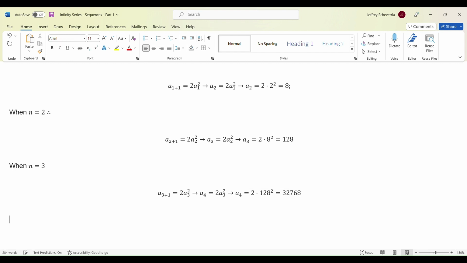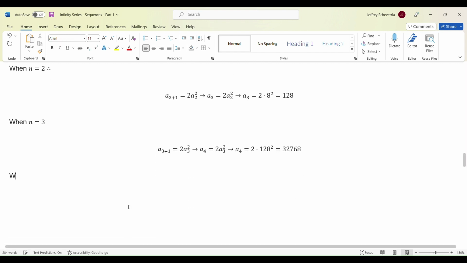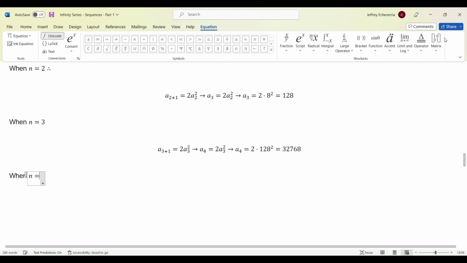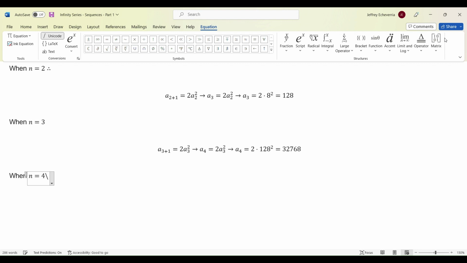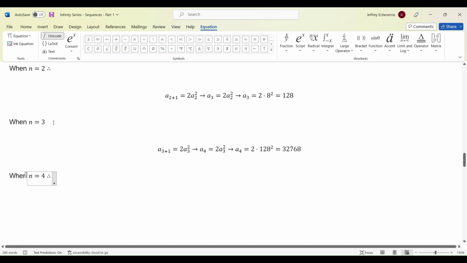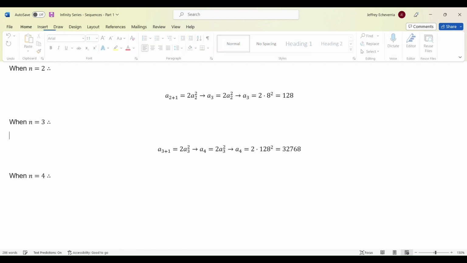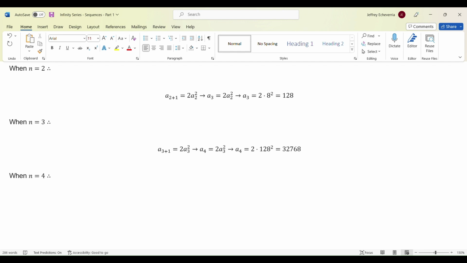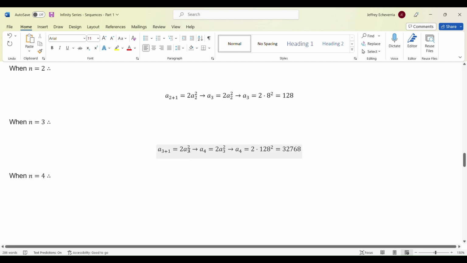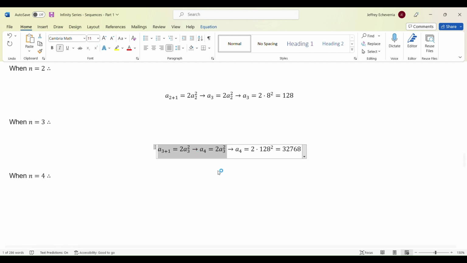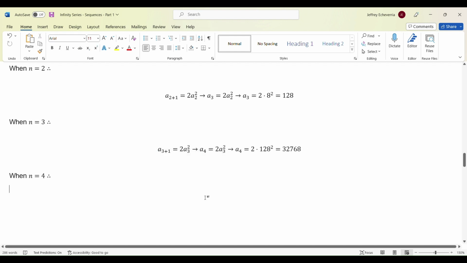So finally, our last one is when n equals 4. Therefore, and we should also put that for the 3 too. We can do a little copy here. All I'm gonna do is just shift each one.